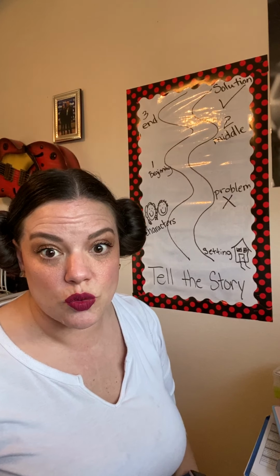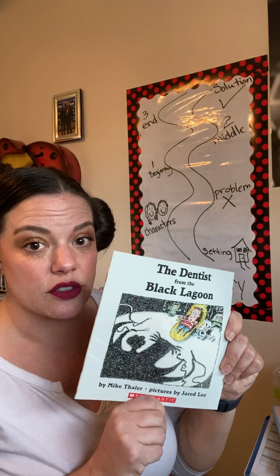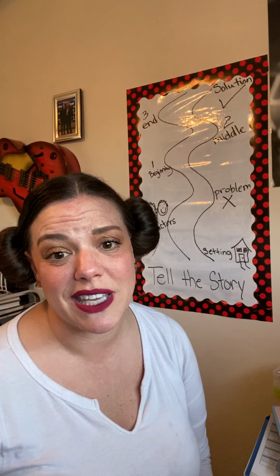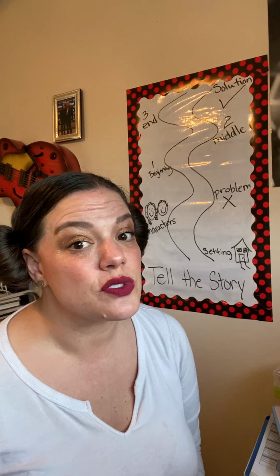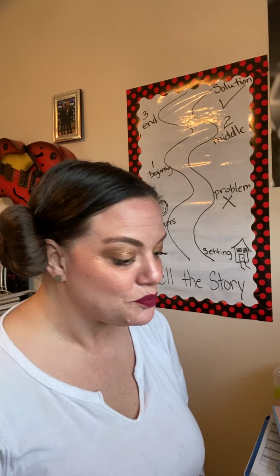So what I'm going to do right now is I'm going to read you guys another story. And unfortunately, I don't have any Star Wars stories at my house. So sorry it's not Star Wars, but at least you get a Star Wars character reading to you. I am doing my best to be Princess Leia today.